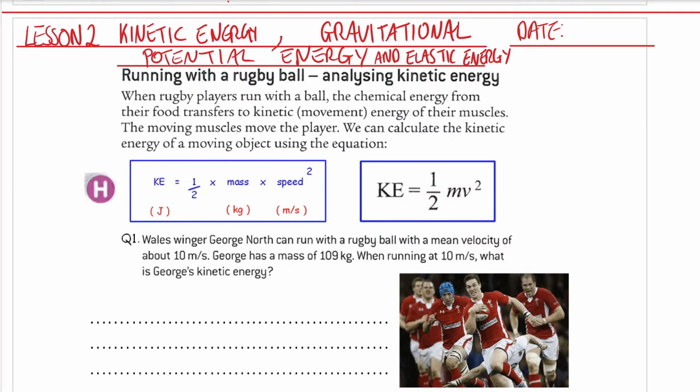So back to page 11, we're looking at the context of rugby again. When rugby players run with the ball, the chemical energy from their food, we learned this before, transfers to kinetic energy in the muscles.